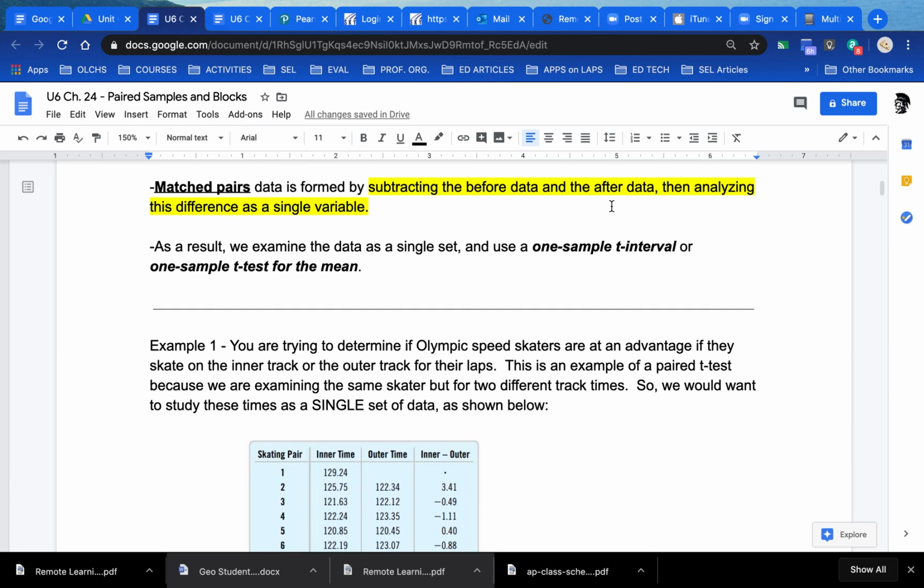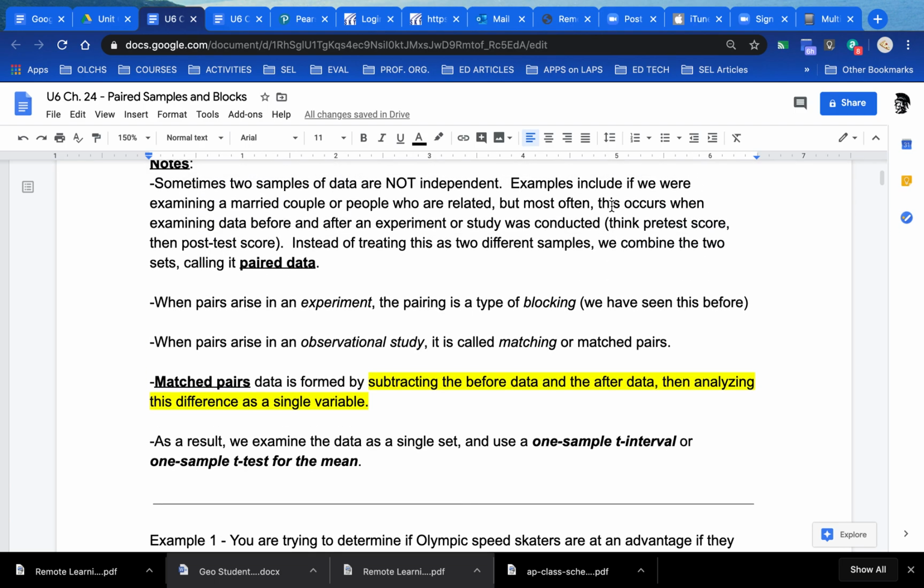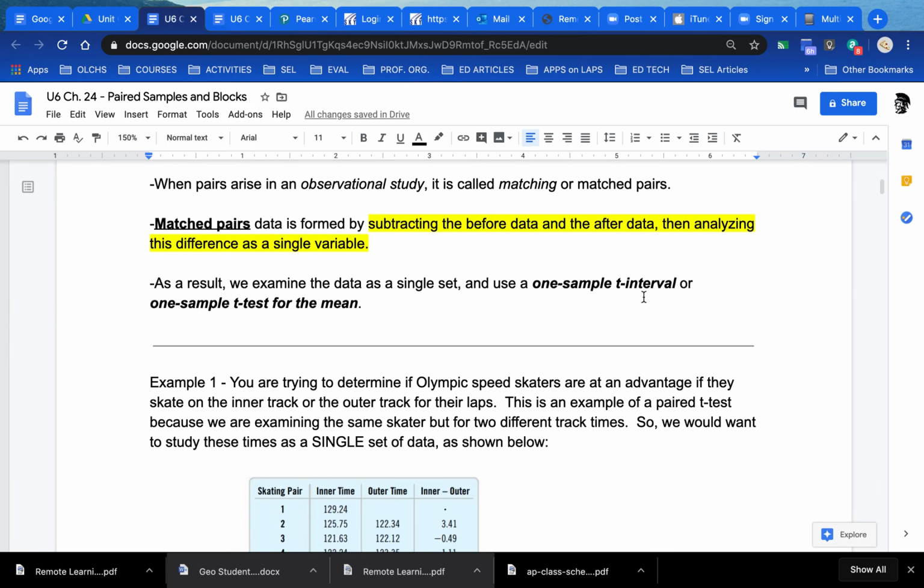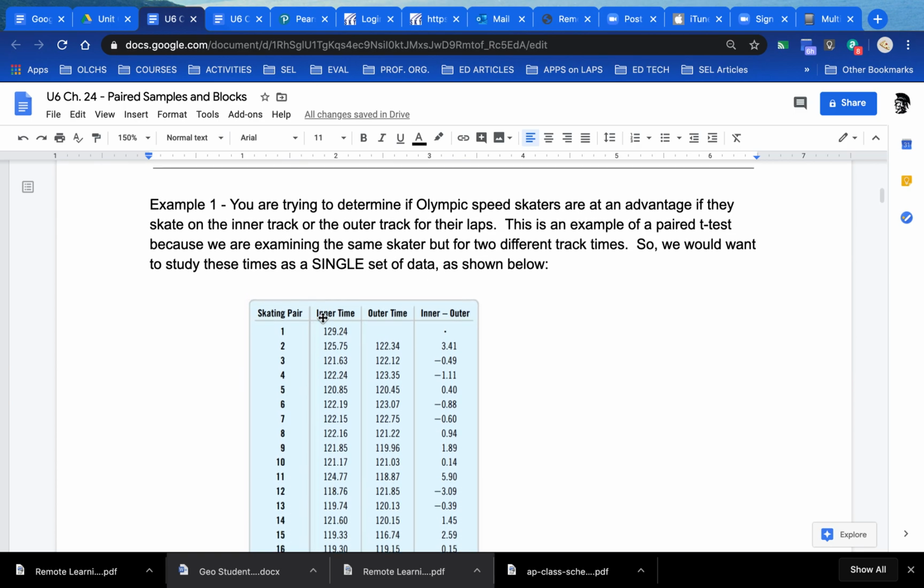So, long story short, if your data seems to be related, thus not independent, you would subtract the two sets of data into one set and then do a one sample either interval or test depending on what you're looking for. So here's an example that I have here.